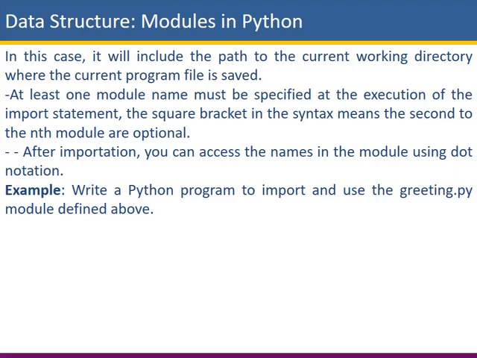We take note that at least one module name must be specified in the execution of the import statement. The square bracket in the syntax of modules in Python means that the second to the end modules are optional.